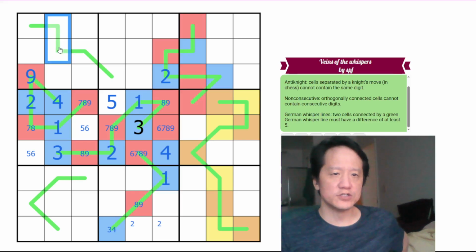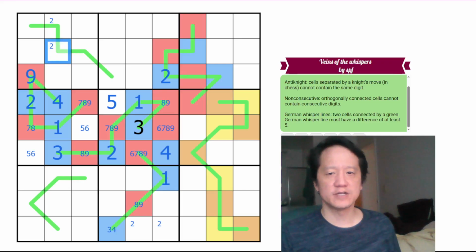One of these digits is a low because these are consecutive digits on a German whisper line. Therefore, the 2 must be there, and 2 cannot be here because of anti-knight, so this must be a 2 here, which makes that low, and these high, which makes this low, and this high.